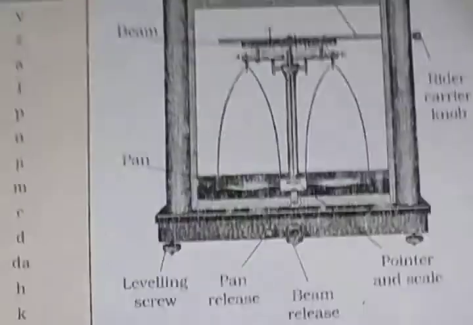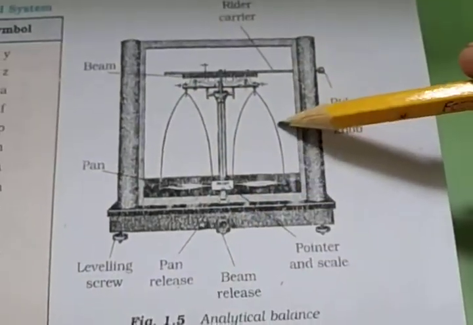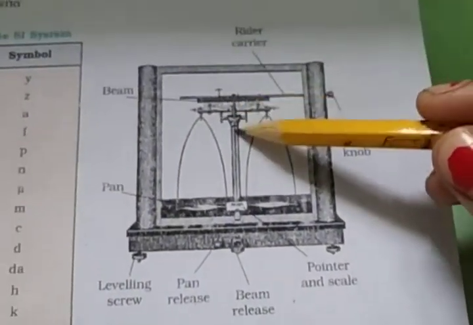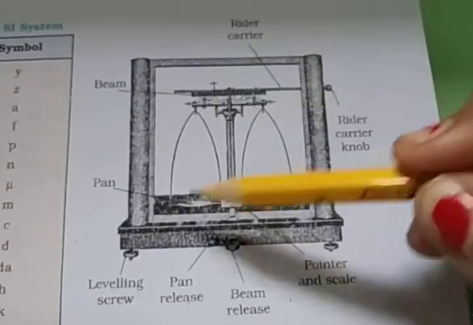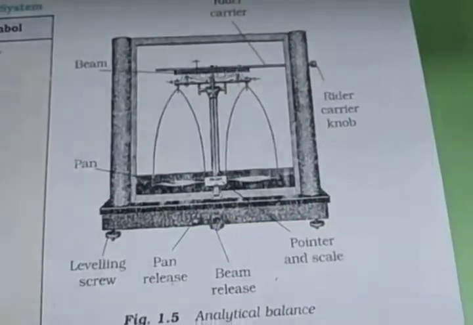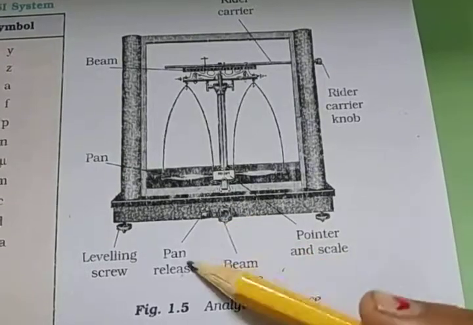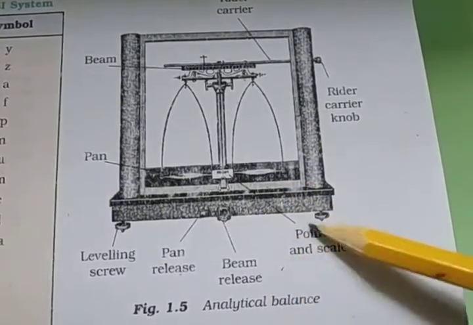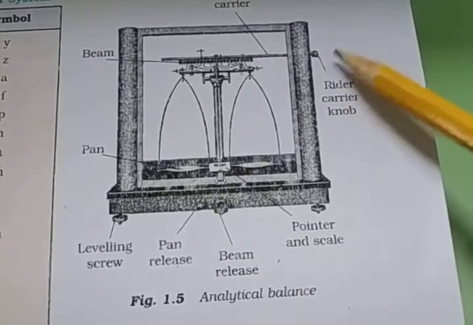See this diagram. This is the analytical balance. Here you see this is the carrier, this is the beam, this is the pan. Downside, this is the leveling screw. Then this is the pan release, beam release, pointer and scale, and this is the reader carrier knob.